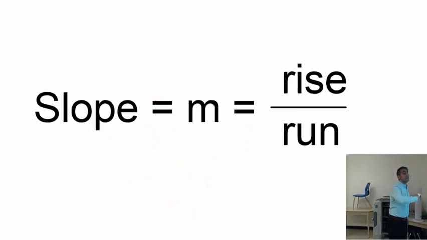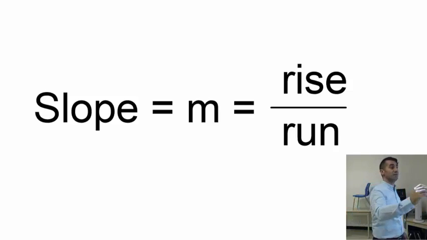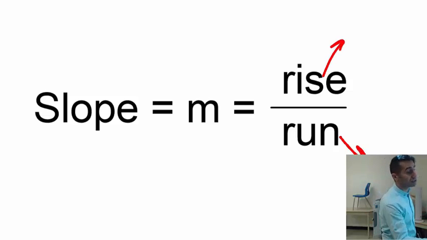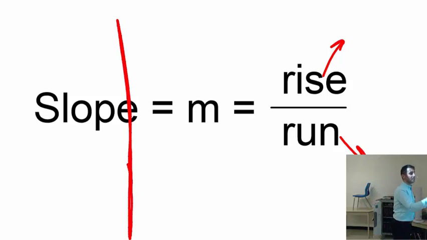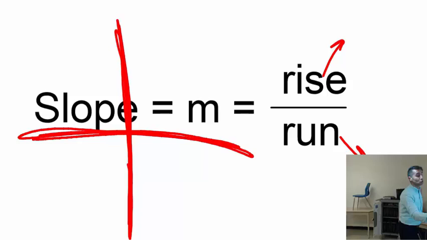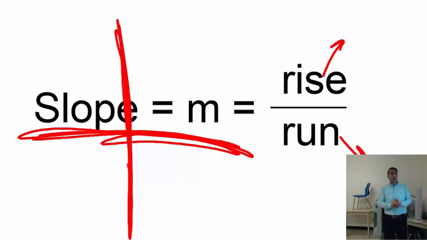And we like to see it as a fraction, because the fraction shows us the rise and the run. Rise means going up and down. Run means you're going to run left or right. Usually you run to the right side, but in some situations it can be the other side. Anyway, we'll talk about this.